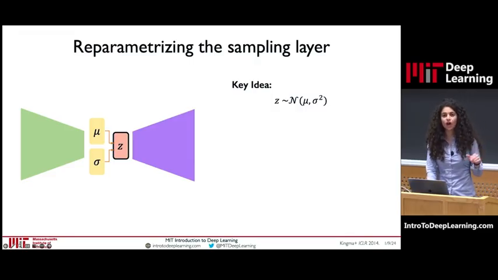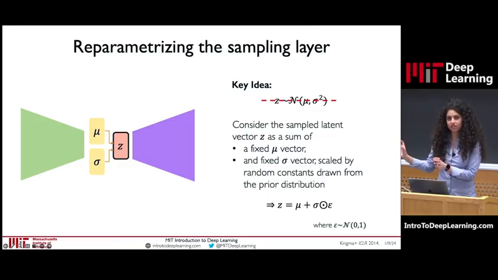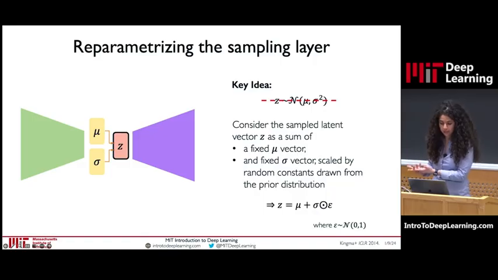So rather than saying that our latent variable z is directly the sample of a normal distribution defined by mu, sigma squared, we say, let's offset all the randomness, all that sampling to this other variable epsilon, and say our latent variables are now the sum of a fixed vector of means mu and a fixed vector of standard deviation sigma, but that's now scaled by some random constant, which is going to be drawn from a prior normal distribution and is effectively going to capture the stochasticity that we want out of our sampling operation.